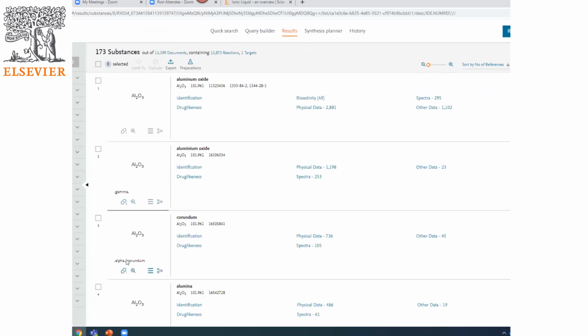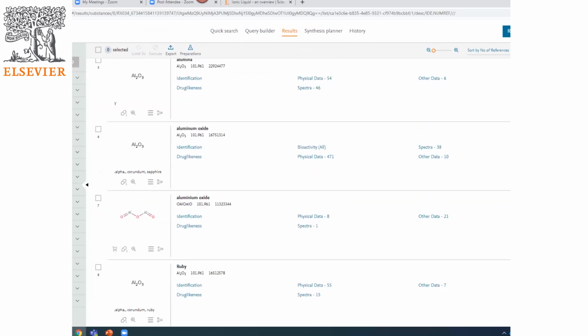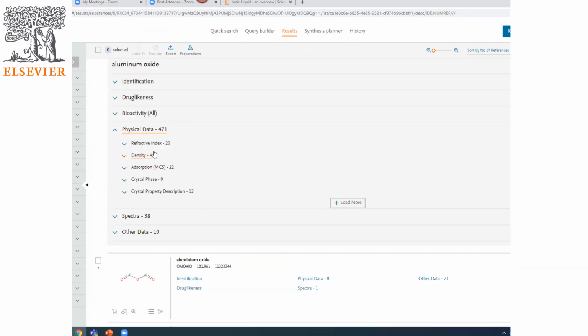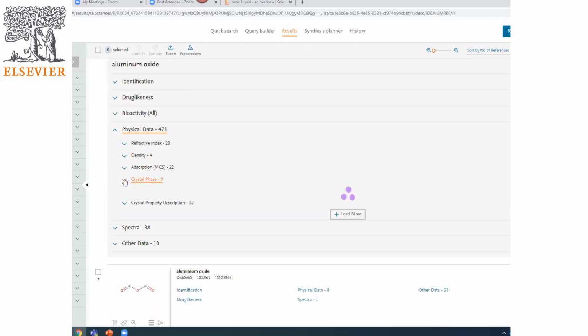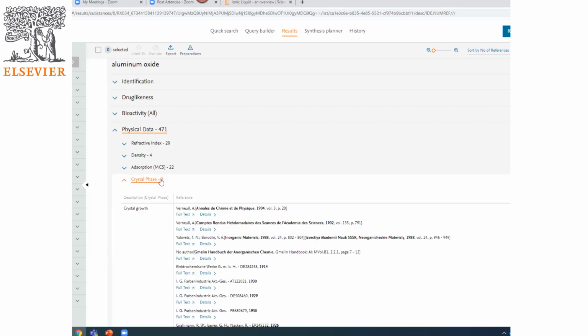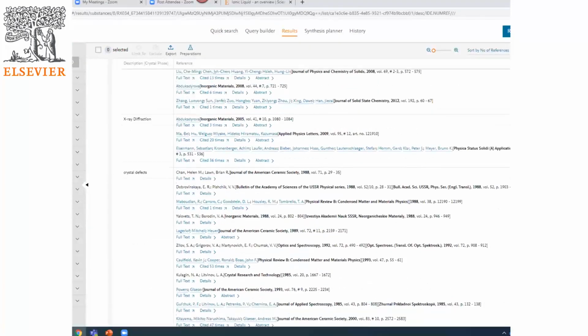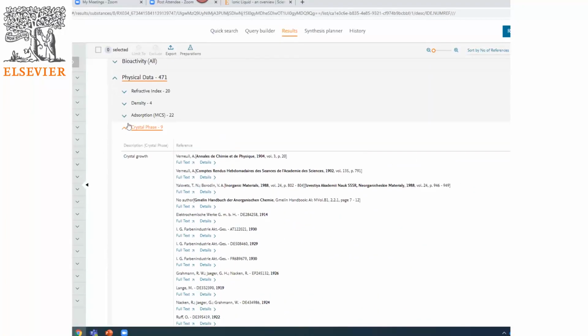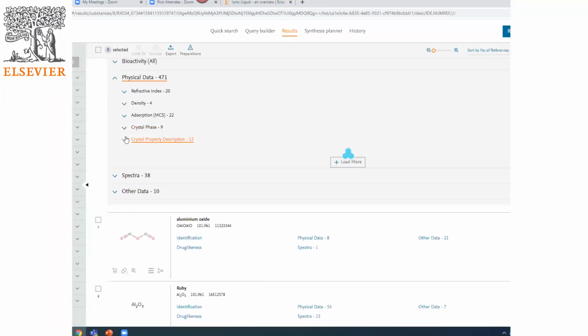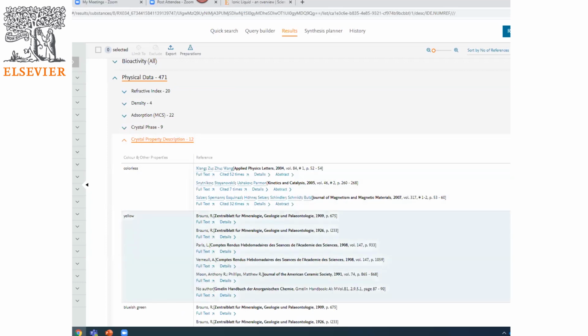One of them has gamma structure, one of them is corundum and has alpha structure, one of them is sapphire. All of them have different properties, and you see physical properties, crystal phase. And these are different substances from the viewpoint of Reaxys. So from this point of view, Reaxys covers different nanoparticles.